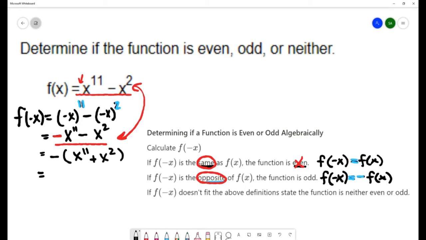So I have here this negative being opposite, but all of this doesn't match our f of x. So it actually does not match the opposite of f of x. So I'm also going to cross being odd off as well. So it's not even, it's not odd, it is neither. So this function is neither even nor odd.